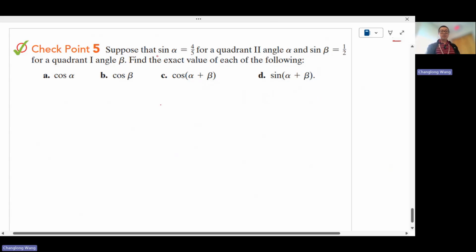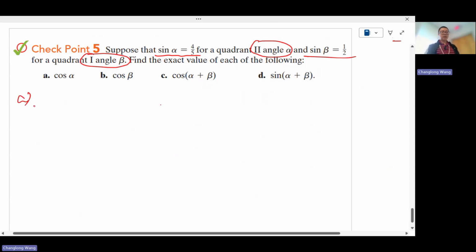And they decide to tell you that sine alpha is 4/5, but angle alpha is a second quadrant angle. You guys know what second quadrant angle is? An angle greater than 90, right? That means it will potentially cause you some sign errors if you don't realize. Now, the good news is that beta is a first quadrant angle, right? So less than 90, acute angle, right? So whatever right angle tricks you know will work out just fine.